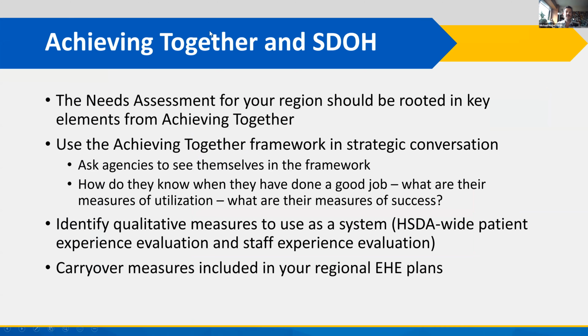So let's just think about achieving together in SDOH. We'll take a little bit of a step back for our social determinants, because social determinants are what social service providers are all about. I would argue that the needs assessment for your region should be rooted in key elements for achieving together. Achieving together itself is based on a really robust needs assessment and set of activities that the state has been undertaking for quite some time.